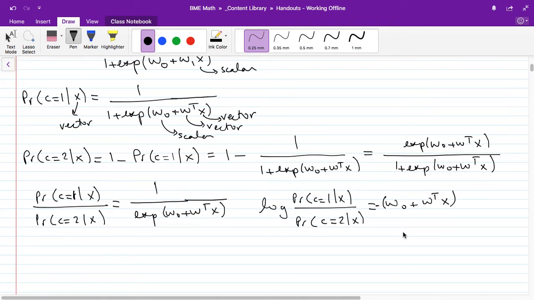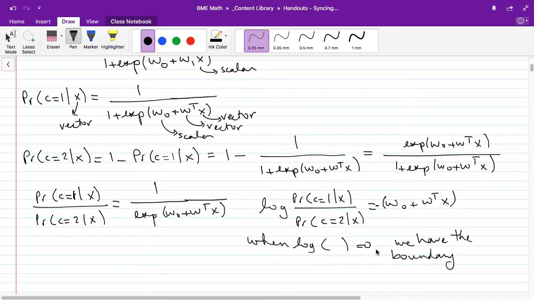So when this is equal to 0, we have what we call the boundary condition, the decision boundary between classes.